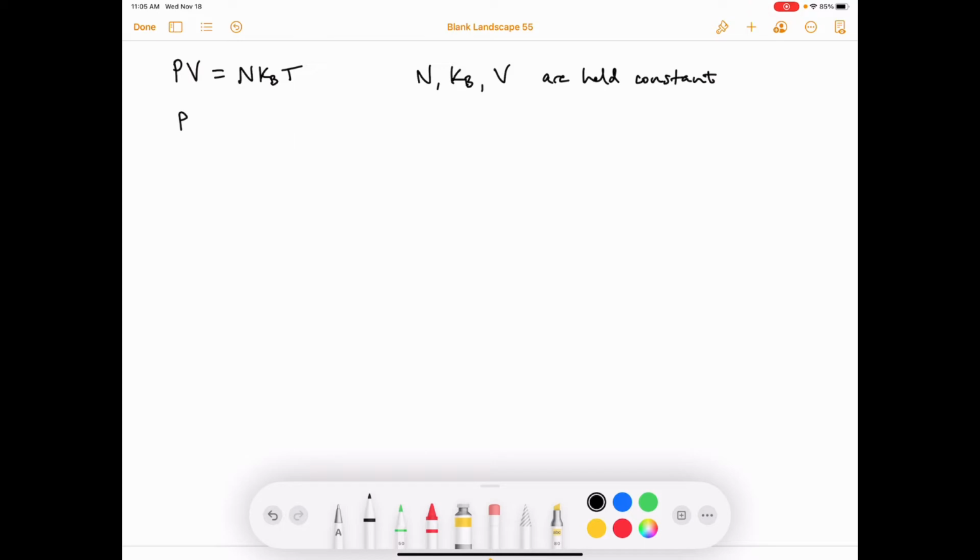So let's divide through by T. So we have P divided by T on the left side. And let's also divide through by V. So we have N times K_B divided by V on the other side. So if we take a look at this quantity right here, this is just one big constant, which is telling us that the ratio of pressure to temperature is held constant.